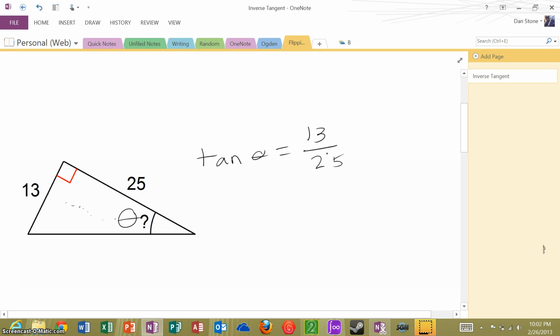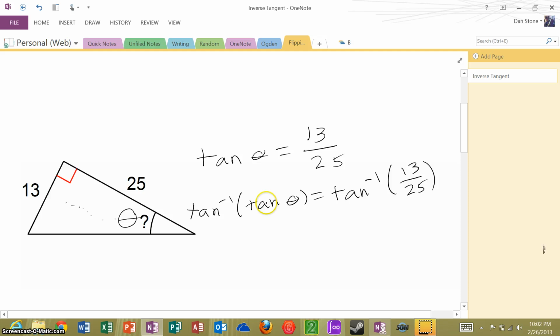So we don't put this into our calculator, but I want to show you how this is all coming about. We're going to do the inverse tangent, which is basically like undoing tangent, of both sides. It's an equation, so whatever we do to one side, we've got to do to the other to keep it balanced. So our inverse tangent of the tangent of theta is going to equal the inverse tangent of 13 over 25.